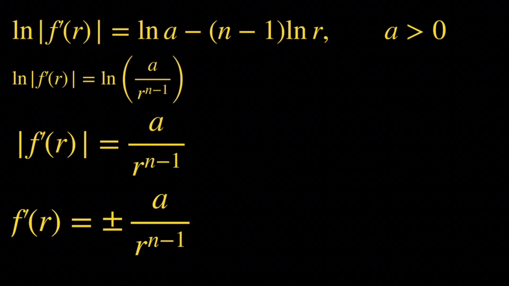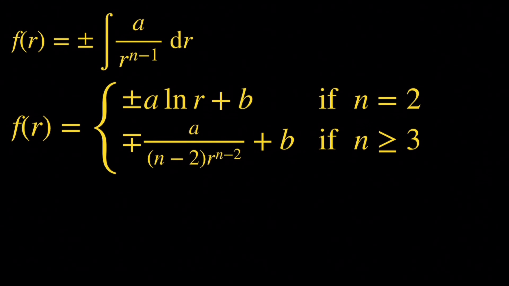As we integrate, now we have to distinguish two cases. The first case will be when n is equal to 2, because we're going to have a over r. We know that an antiderivative of a over r is given by a times the natural log of r. So we have to distinguish two cases, n equals 2 and n strictly greater than 2.